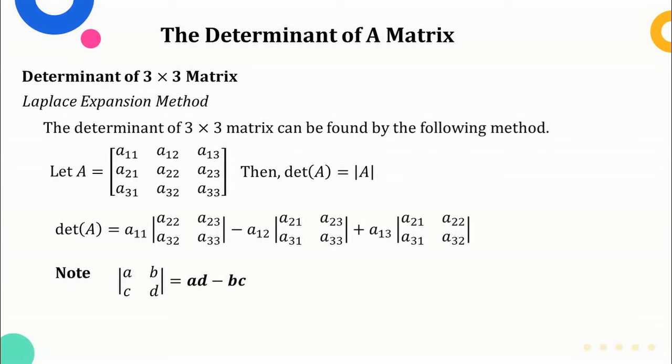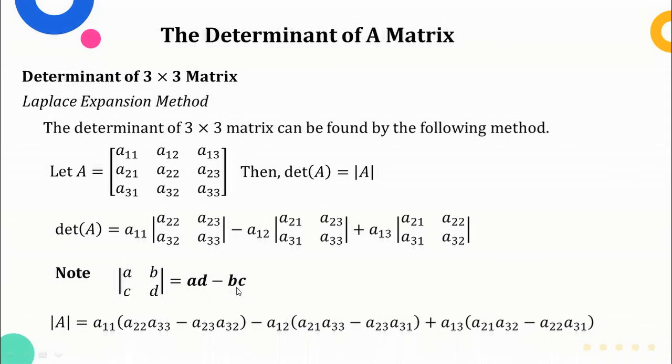But remember, when we saw from here A22, A23, A32, A33, there is from the determinant 2 by 2, but we already know the determinant 2 by 2 is AD minus BC, right? So from here we can make a conclusion if the A22, A23, A32, A33 to be the determinant from the 2 by 2 matrix.